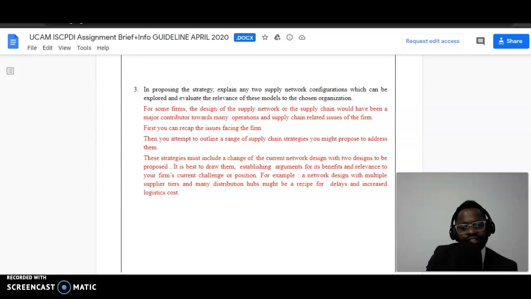Now, these strategies must include a change of the current network design. So let me pause a bit. Now, let's say I propose a strategy like outsourcing. So let's say for some reason, company A had issues with their production plant, maybe labor challenges, and they decided to outsource that function to a third-party provider, somewhere, could be anywhere, in Alaska, you name it.